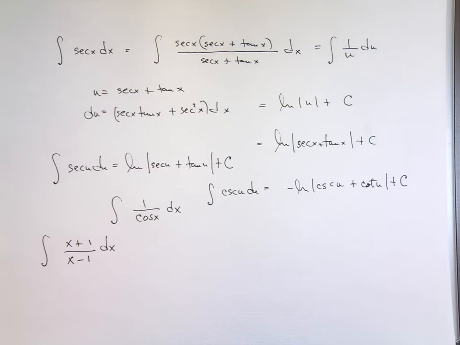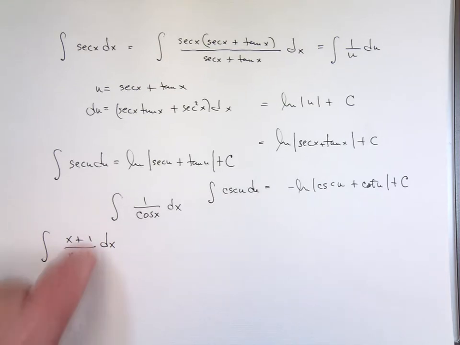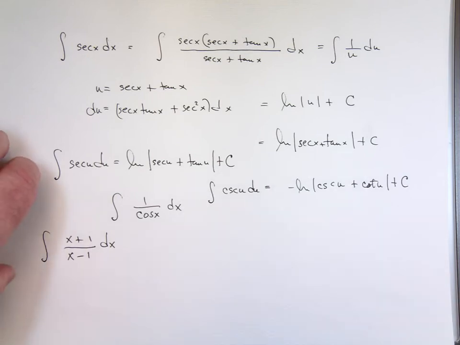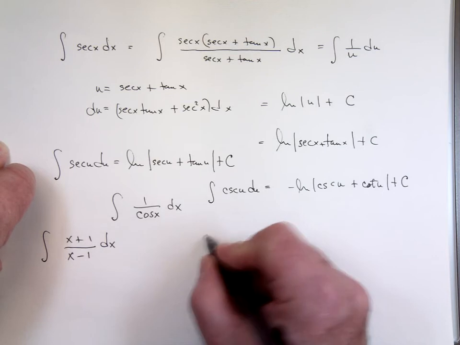You don't like that, Jim? It's not synthetic division. Well, you could use synthetic division, actually, since these are just linear factors here. But we're going to actually do the long division because you're going to have to use long division at some point. So let's do it. x plus 1 divided by x minus 1.